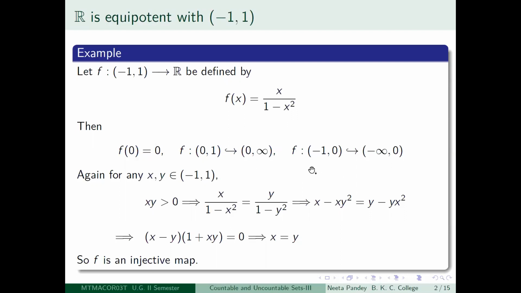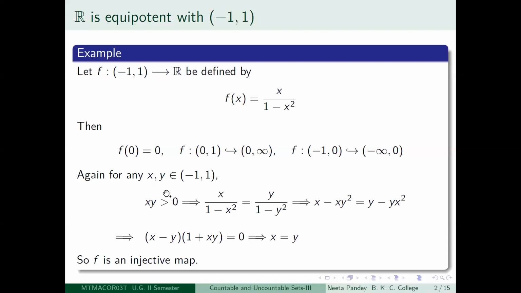The only one left out is if we take two positive numbers, then what happens to their images? Or if we take two negative numbers in the domain, then what happens to their images? So suppose we take any two positive numbers or any two negative numbers x and y, then obviously x times y will be greater than 0.